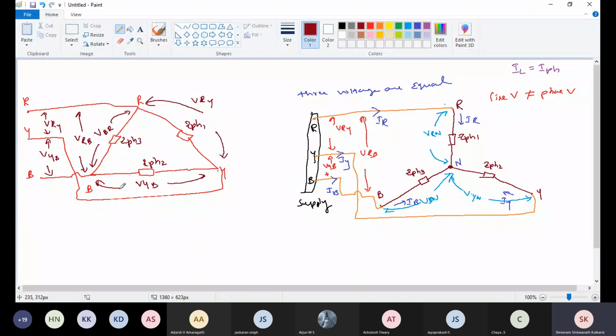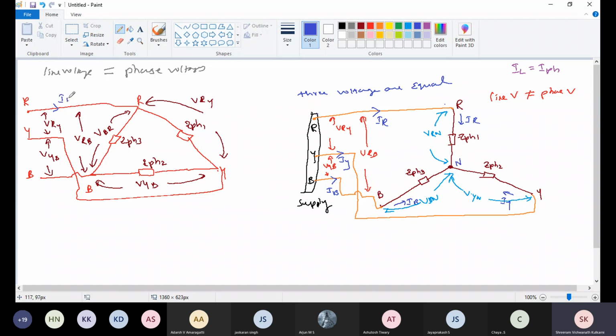From this diagram, we can conclude that in a star connected load, my line voltages are not equal to phase voltages, whereas in a delta connected load they are equal. But what about the currents?